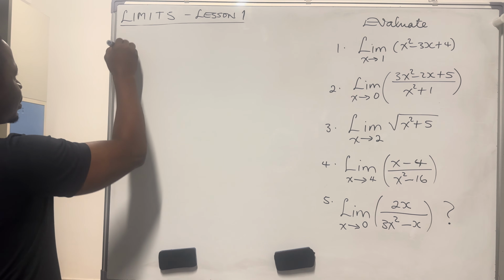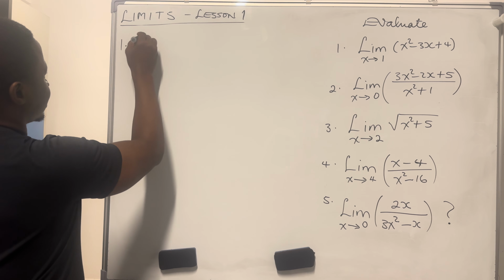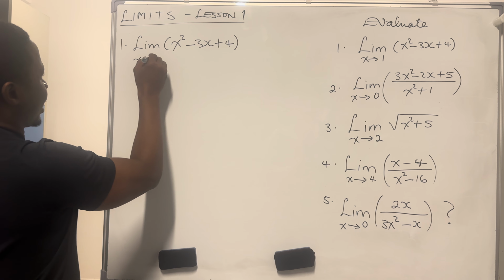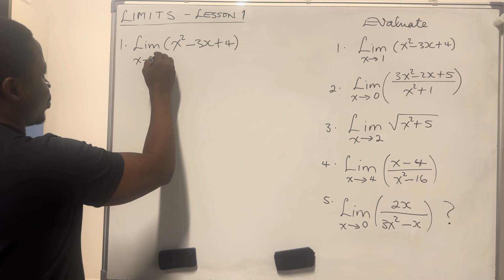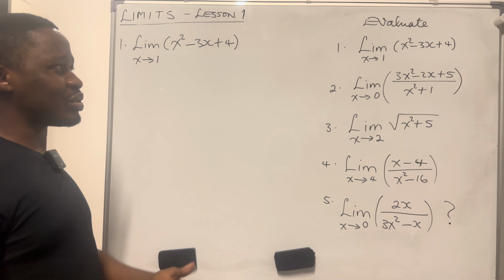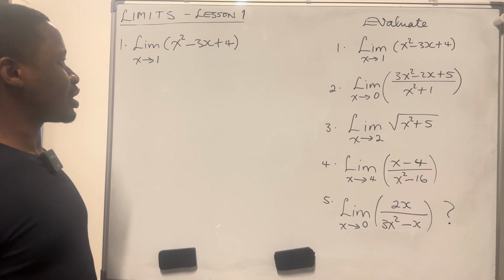The first one is to find the limit of x squared minus 3x plus 4 when x approaches 1. When we say x approaches 1 or approaches a value, it is just arbitrarily close but not equal to.